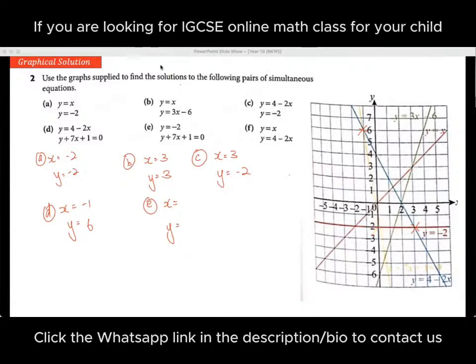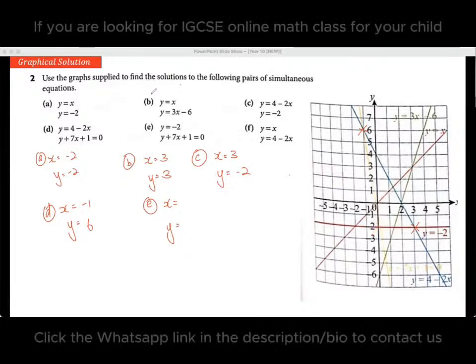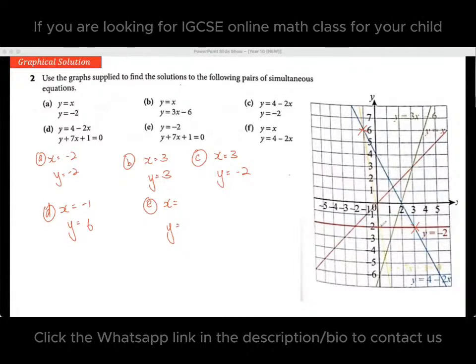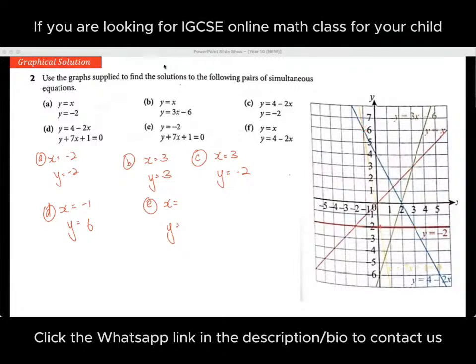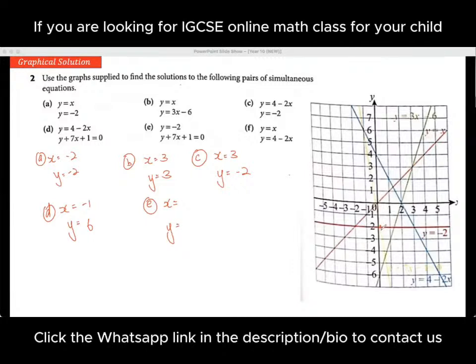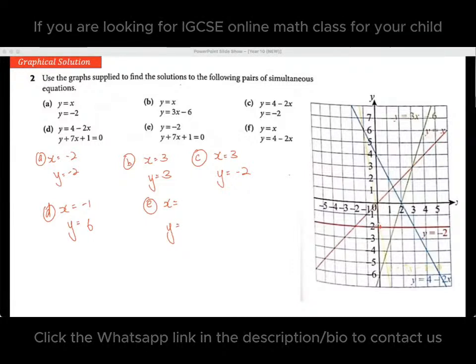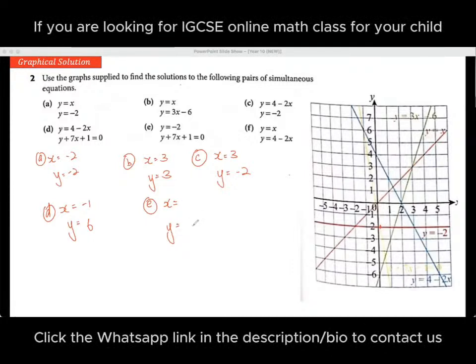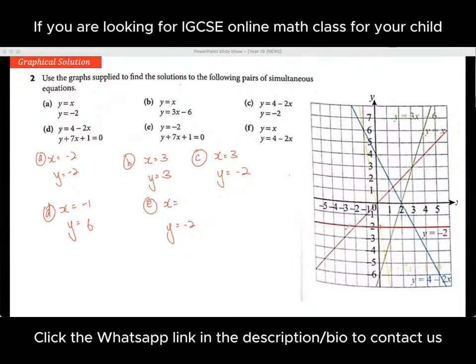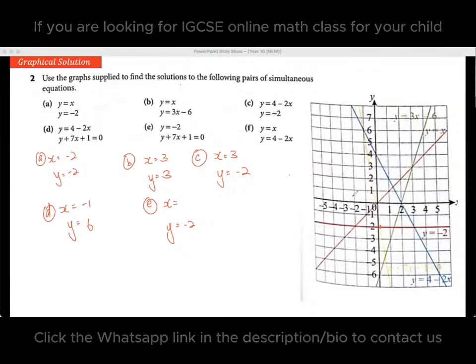From this graph it is very difficult for you to see, but it is not touching the y-axis, very close to the y-axis. But the y value is definitely -2. So this is the disadvantage of using a graphical method.